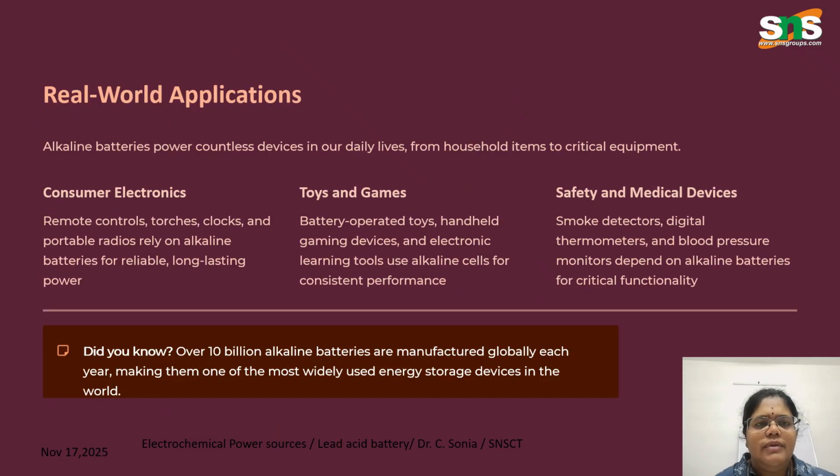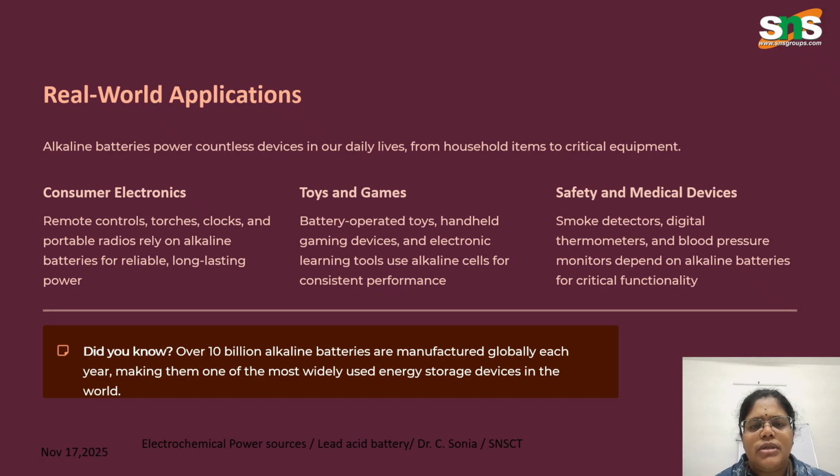So what are the real world applications? Alkaline batteries power countless devices in our daily lives, from household items to critical equipment. It is used in consumer electronics: remote controls, torches, clocks and portable radios rely on alkaline batteries for reliable, long-lasting power.